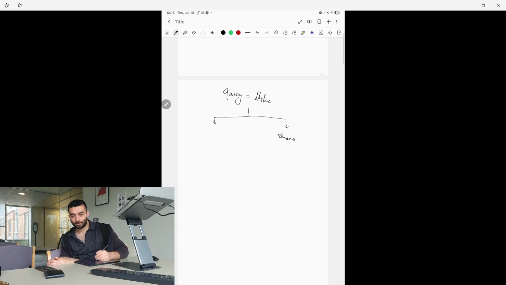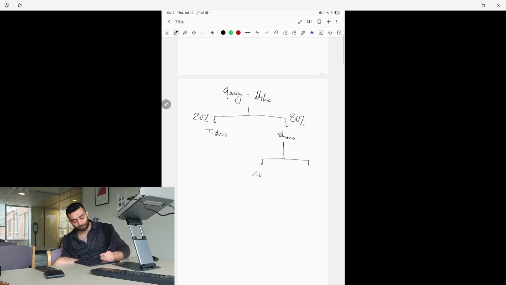Shoes and t-shirt. And then you may say, all right, 20% of our clicks, and 80% of the clicks are shoes. And within shoes we have, for example, Air Jordan, and we have running shoes, whatever.